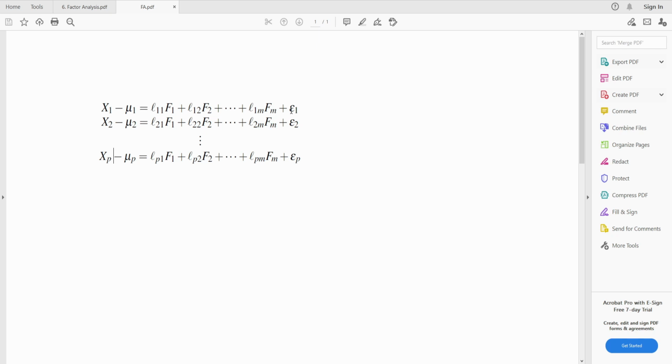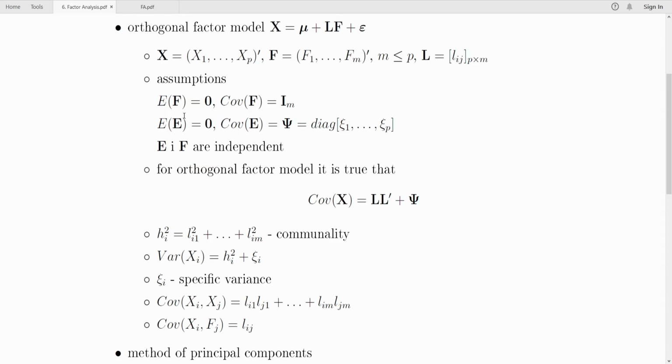Notice that errors are unobservable as well, not only f1 to fm. So here we have m plus p random variables that are unobservable and only p quantities, x1 to xp. Without some assumptions, we cannot verify that model. We don't know the actual covariance structure for this orthogonal factor model, so we need to make some assumptions in order to do that.